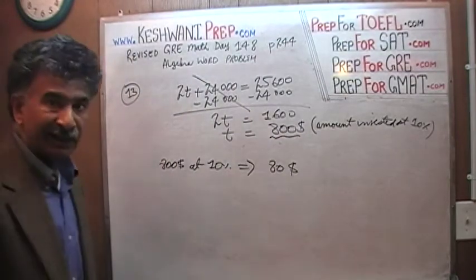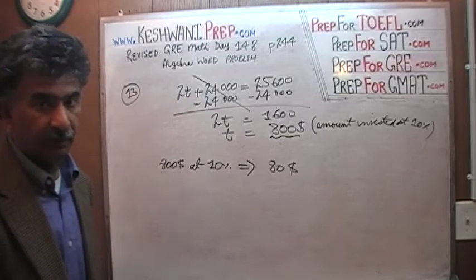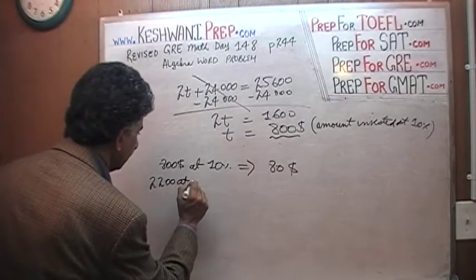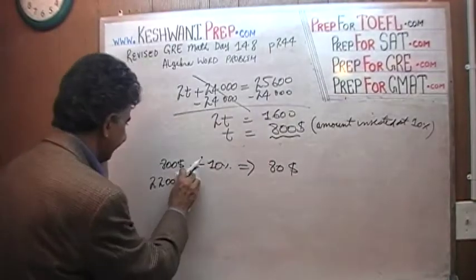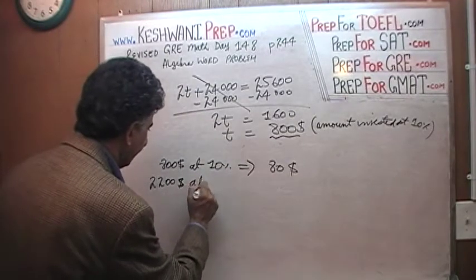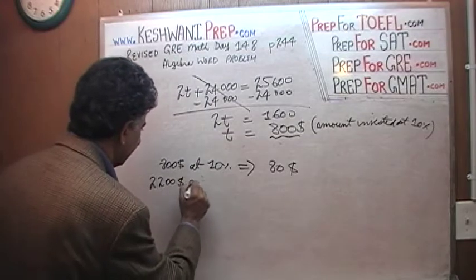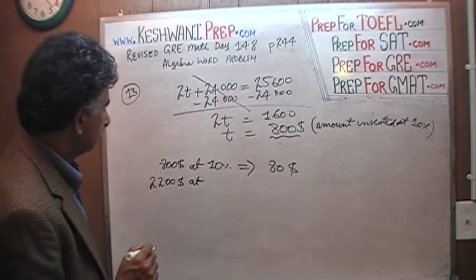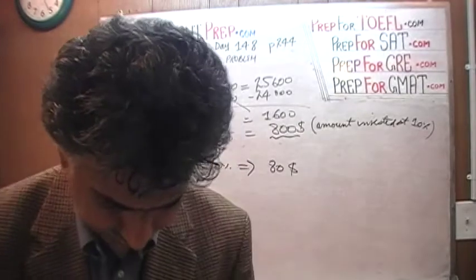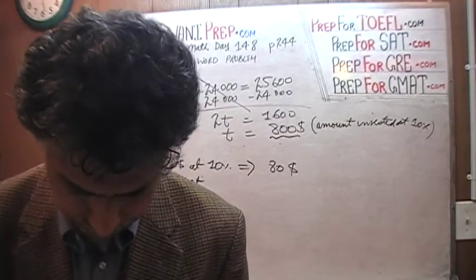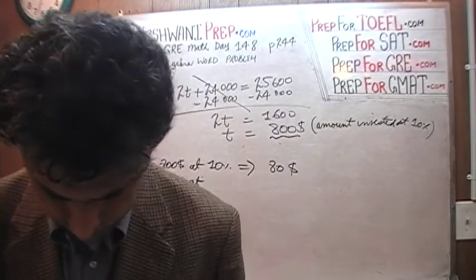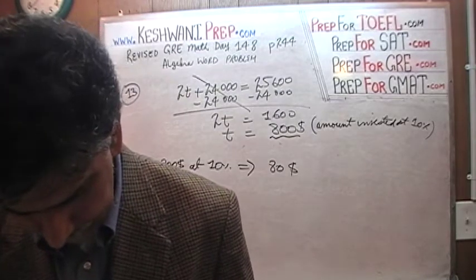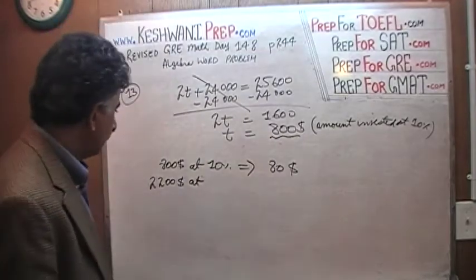Now, if $800 is invested at 10%, and since the total amount is $3,000, we must have invested $2,200 at 8%.